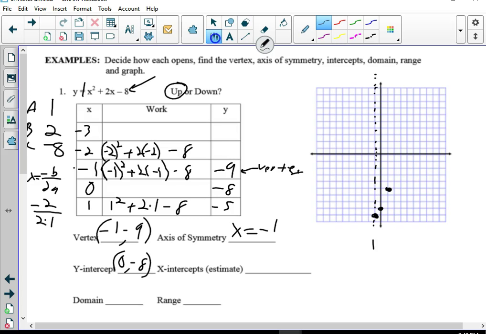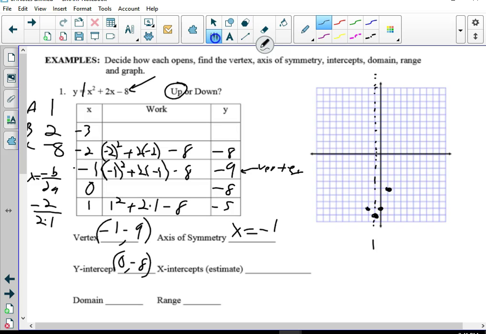What's 2 times negative 2? Negative 4. What's 4 minus 4? What's 0 minus 8? Negative 8. Oh, look, we already had a negative 8. But now it's over here, negative 2, negative 8. See how it's symmetrical?